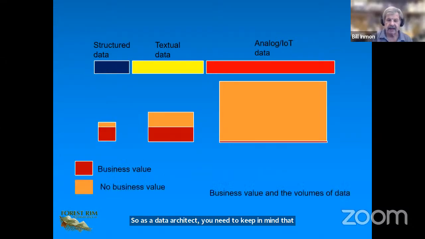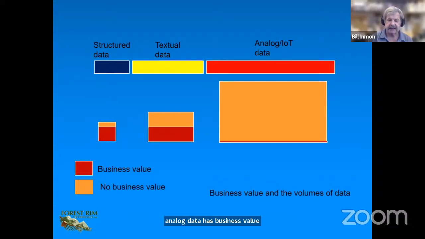Now, along that line, we have highlighted in red here the data that has business value. Most, not all, of structured data has business value. Some of textual data has business value, and very little of analog data has business value.